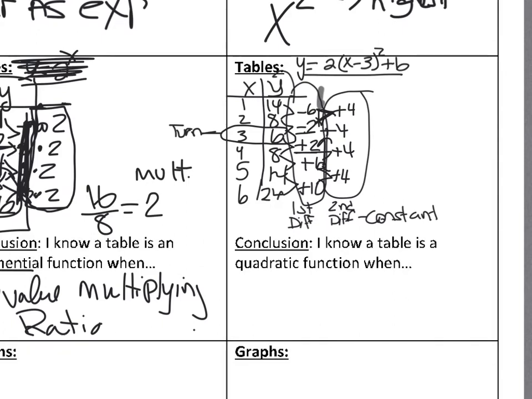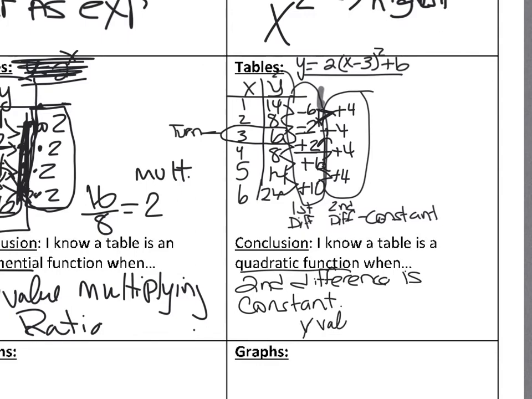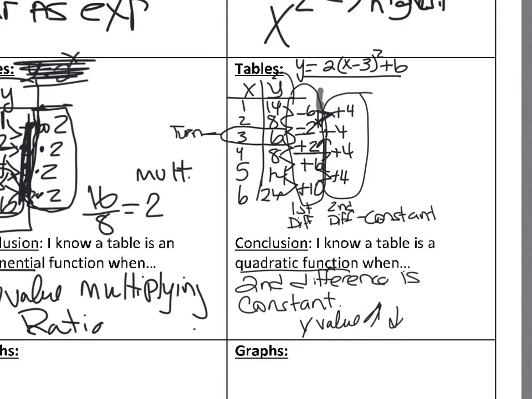So I know it's a quadratic when the second difference is constant, okay? And my y values, they go up and down, or vice versa, down and up. All right, they make a turn.